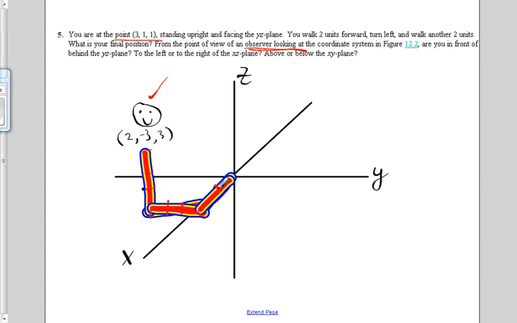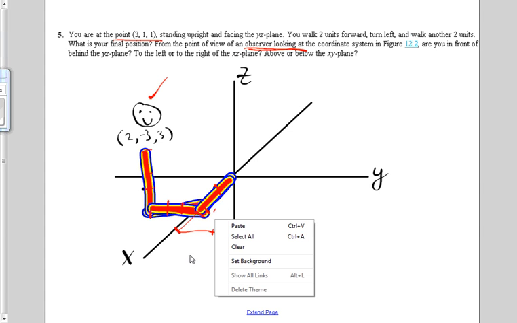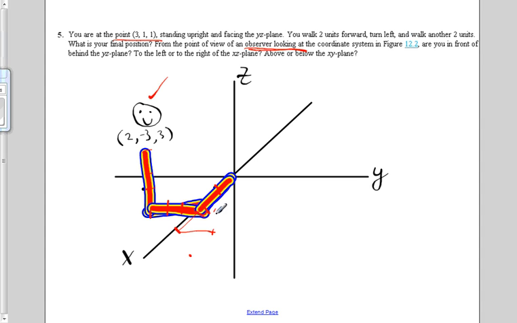So where is that? Well, we go out in the X, 1, 2, 3. And then we're going to go positive 1 in the Y and positive 1 in the Z. So here we are at the point 3, 1, 1. And then it says you're facing the YZ plane.